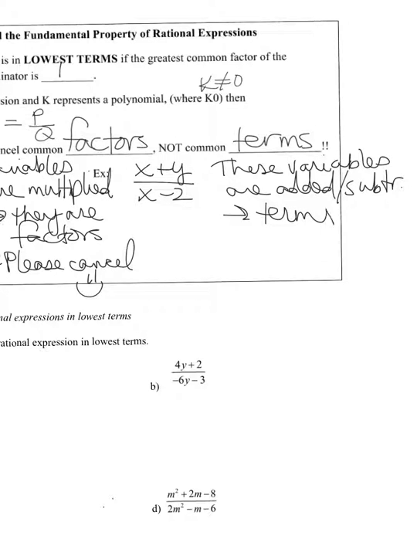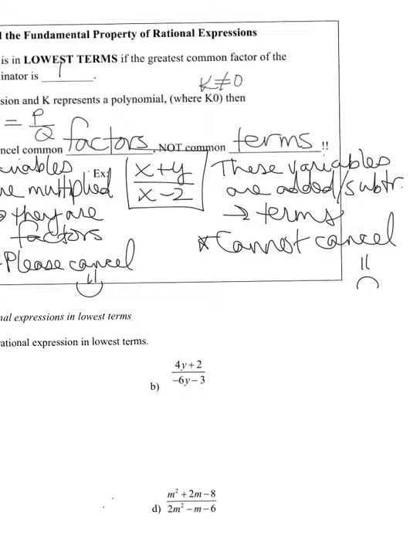If we remember that terms are separated by addition and subtraction signs, so you cannot cancel the terms. So please don't be tempted to cancel out this x and this x. They're not factors. They're not written as a multiplication problem. We've got addition and subtraction going on, and you cannot cancel those terms. So there's no GCF here. This is as simplified as we can get.